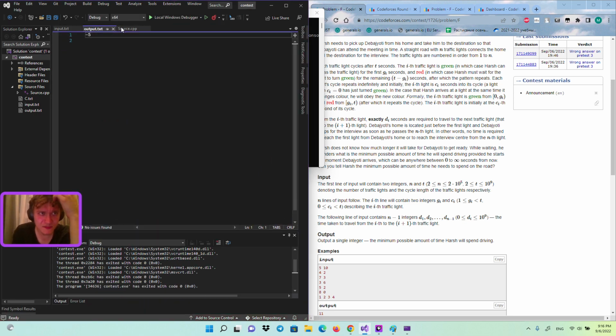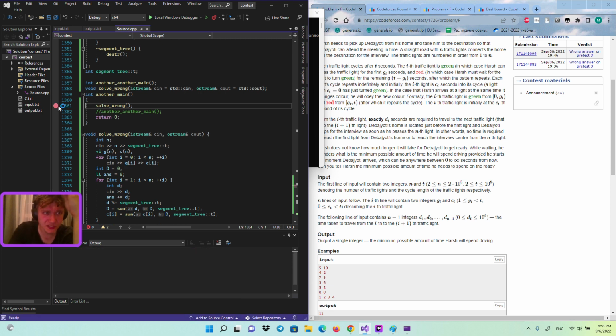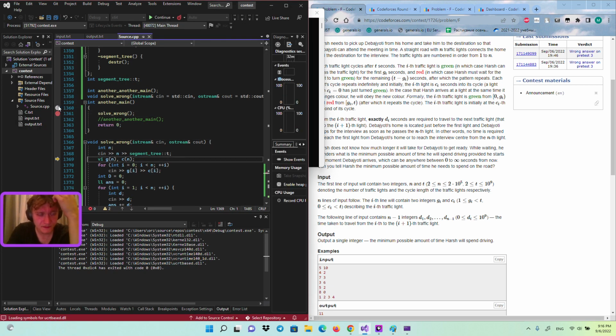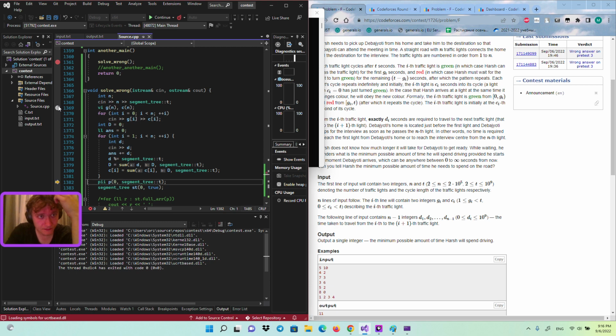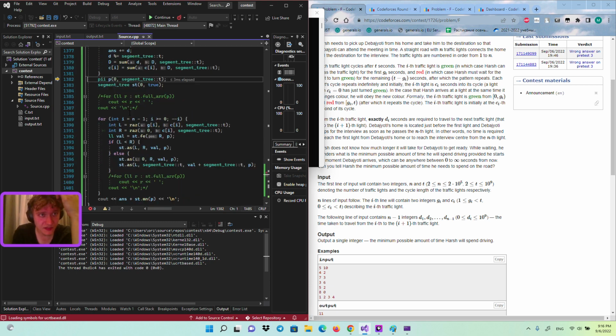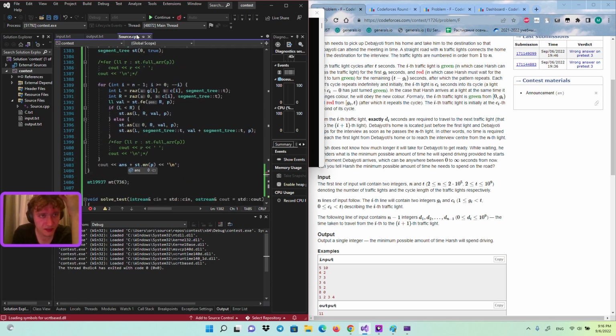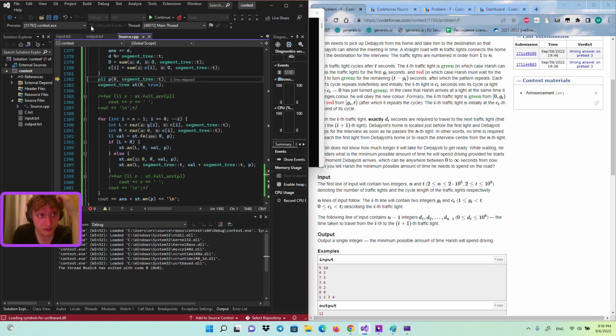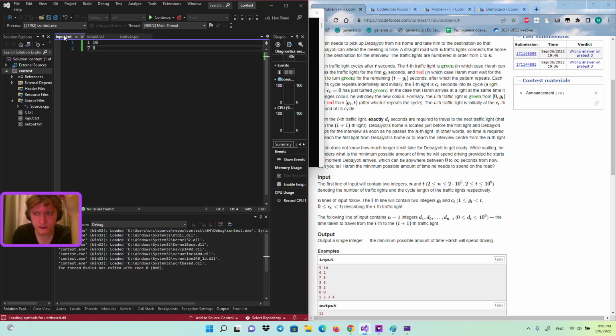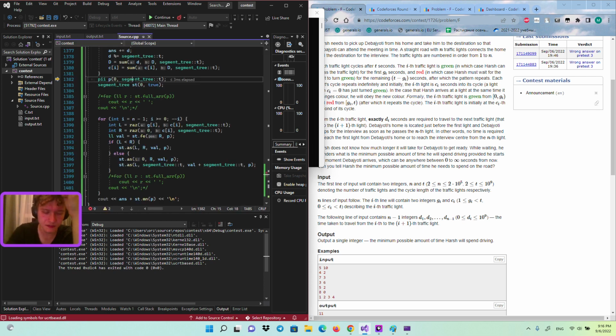So it gave just -5 for some stupid reason. Let's look. So now ans is 0. It's correct. No, it's not correct because I also have to... I don't have to do anything.